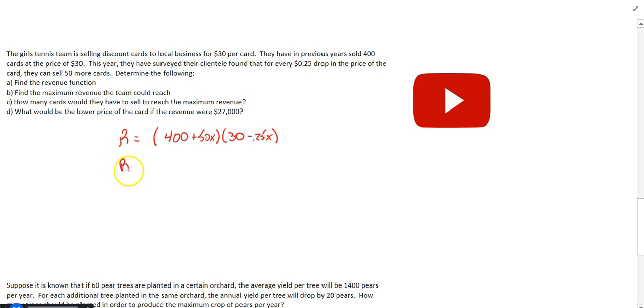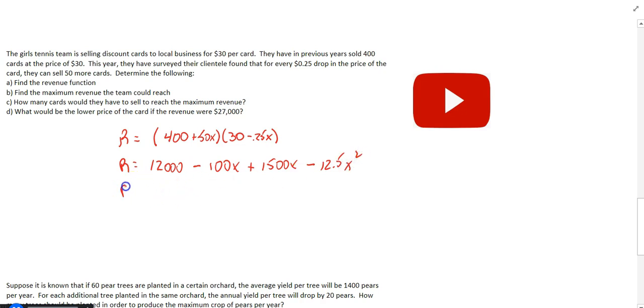So we can FOIL that out and get 400 times 30, which would be 12,000, minus 400 times 0.25 is 100x, plus 50 times 30 is 1500x, minus 50 times 0.25 is going to be 12.5 x squared.